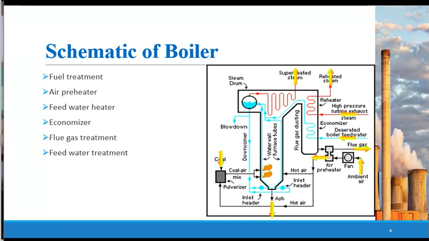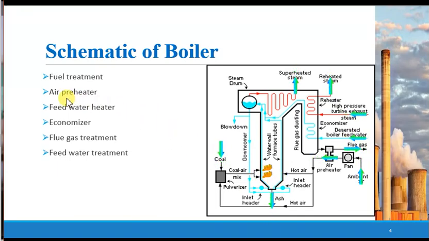So these arrows show different processes, and these processes need some details, which is fuel treatment. First of all, the fuel entering the combustion chamber will be discussed in detail.